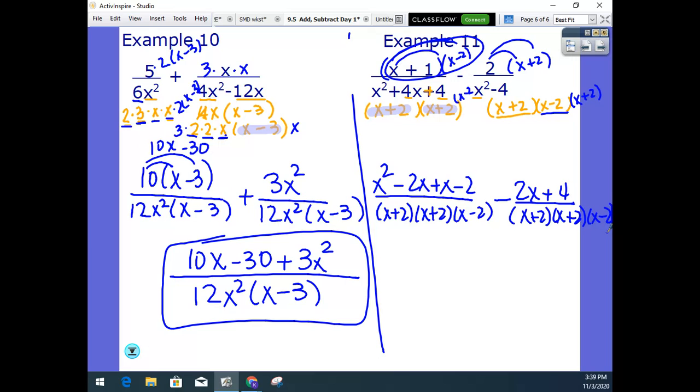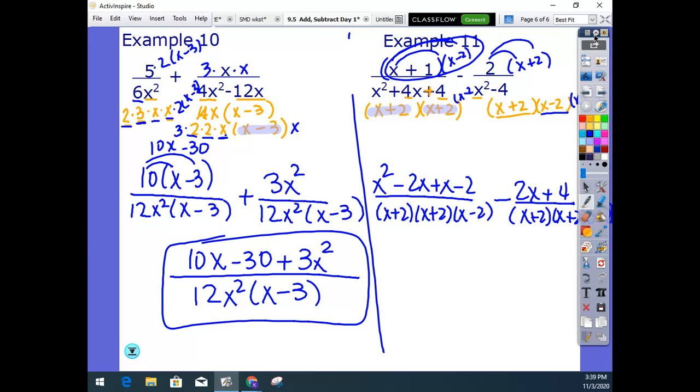All right, now be very careful here because we're subtracting. What do we do with all subtraction? Add the opposite. So I'm going to distribute my negative all the way through. Common denominator.